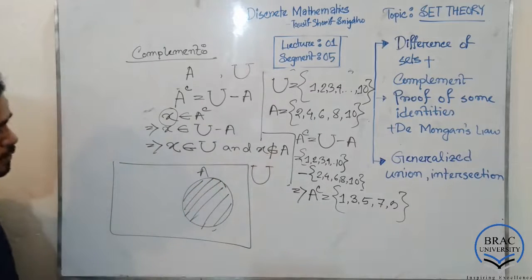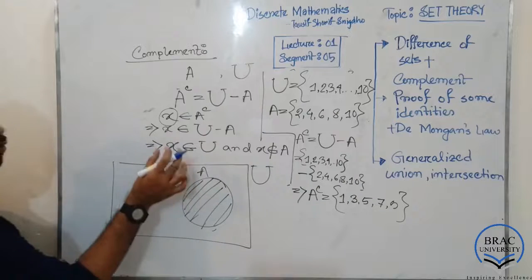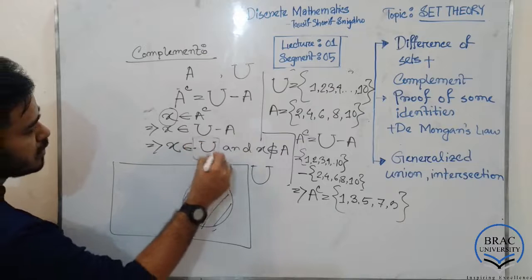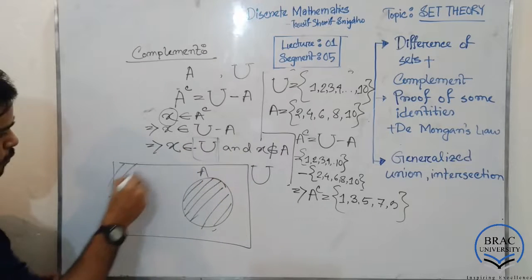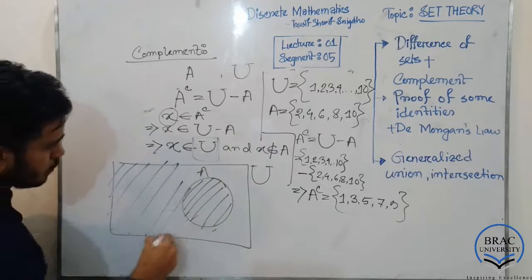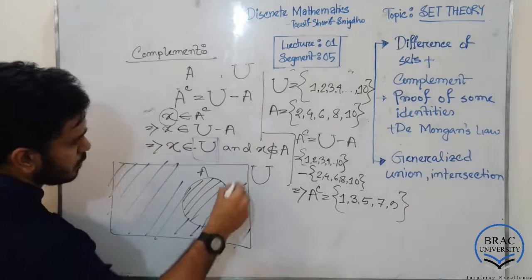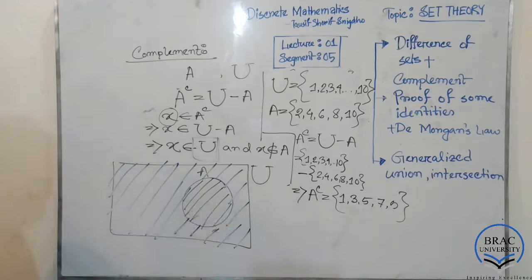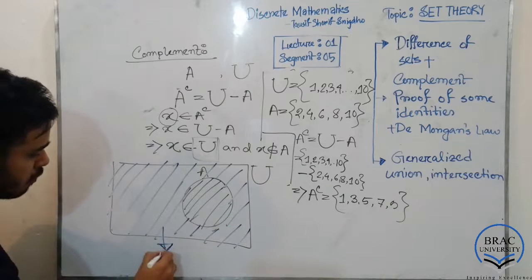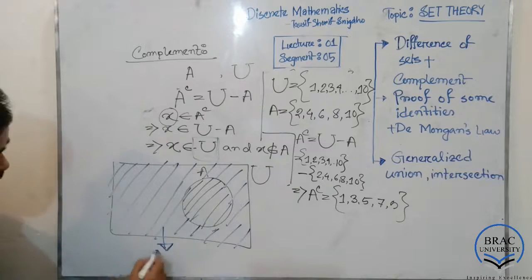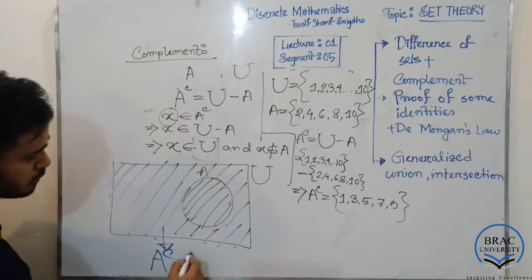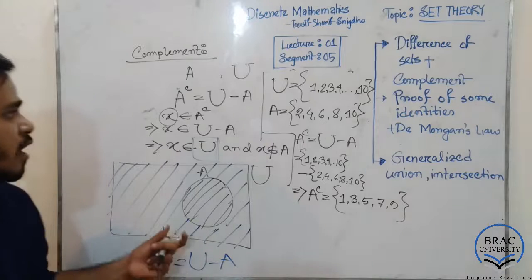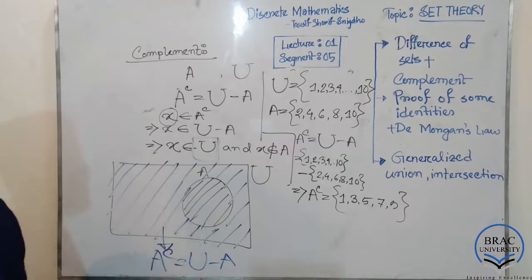No, it doesn't belong to A. And any of the elements of A complement will belong to the universal set, that is U. So this region, which I have shaded in blue, represents the set complement of A, or U minus A. So this is how we represent the complement of set A.